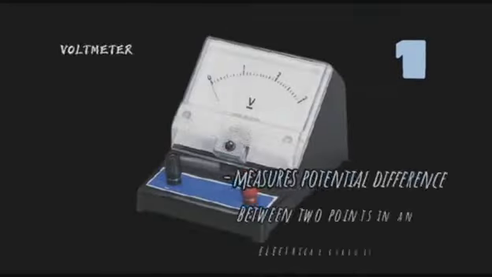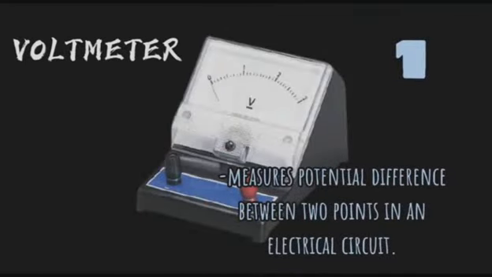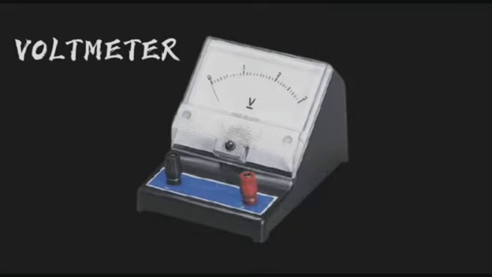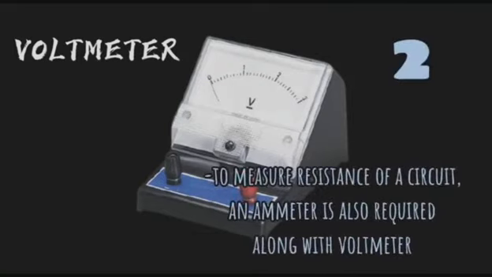Apart from that, here are the other characteristics of a voltmeter that give its difference among the other multimeters. First, voltmeter can measure only potential difference between 2 points in an electrical circuit. Second, to measure resistance of a circuit, an ammeter is also required along with voltmeter.